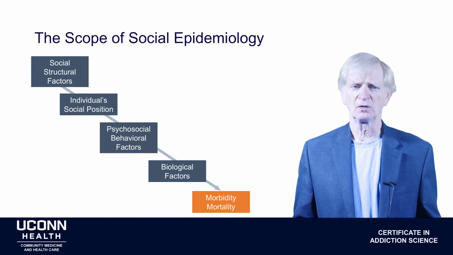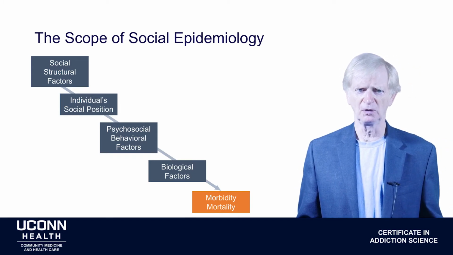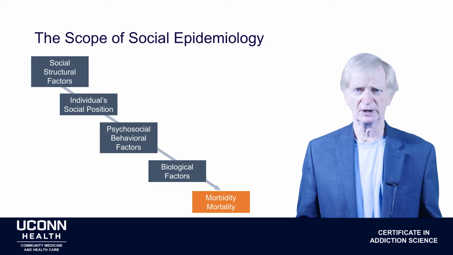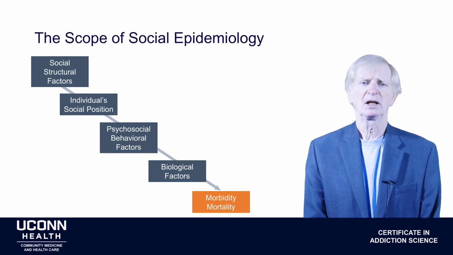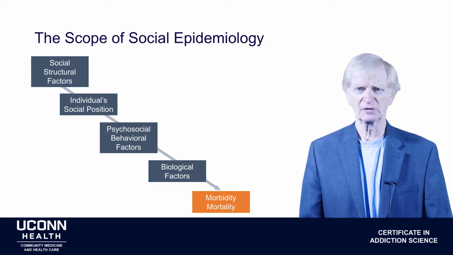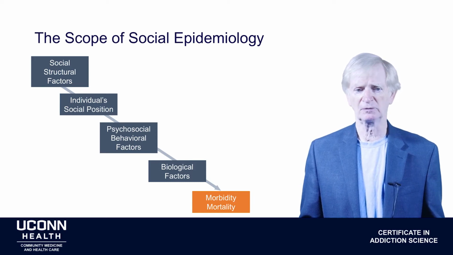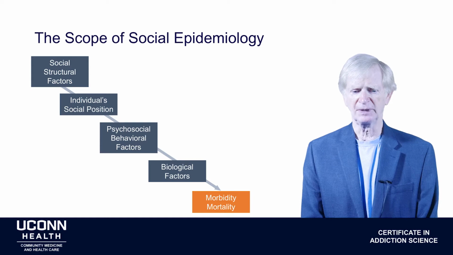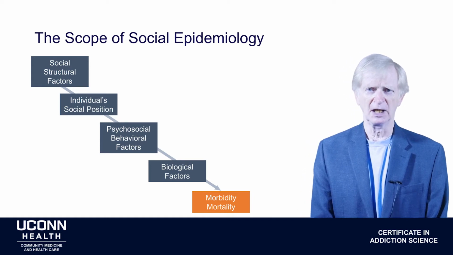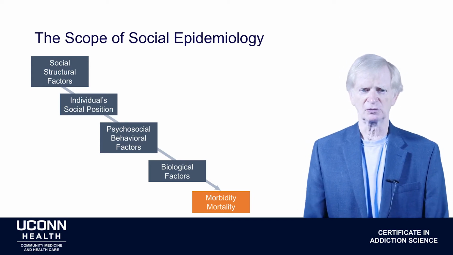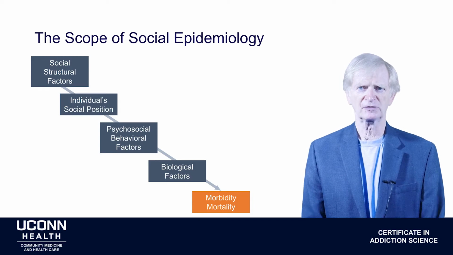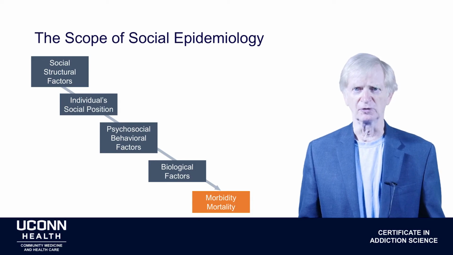So that is an important variable that needs to be taken into account. Within social structures, people have a position, and we've talked about measuring occupation and socioeconomic status, access to resources. All of this affects substance use disorders.